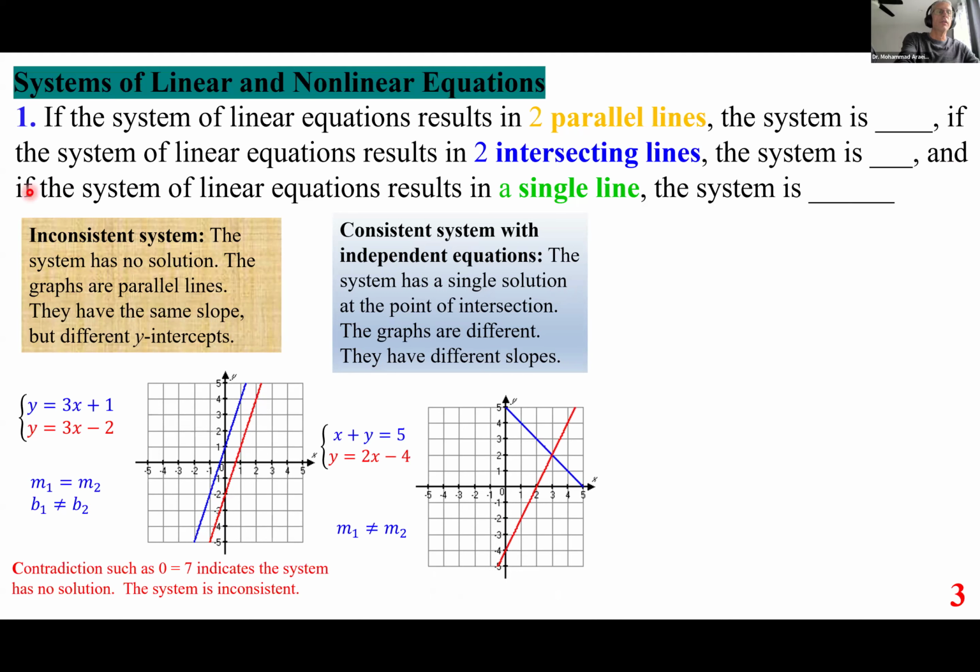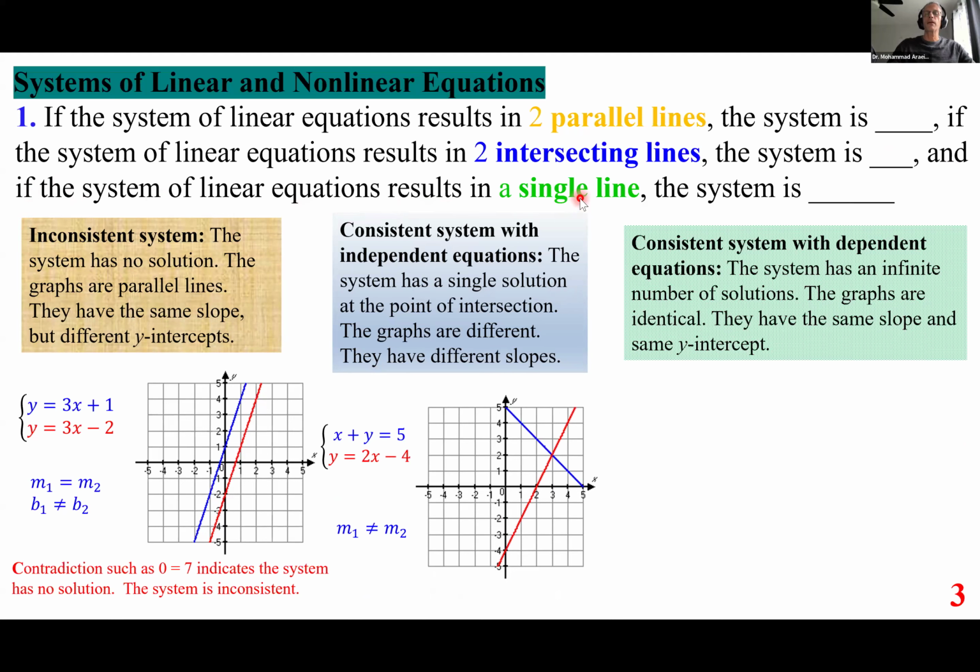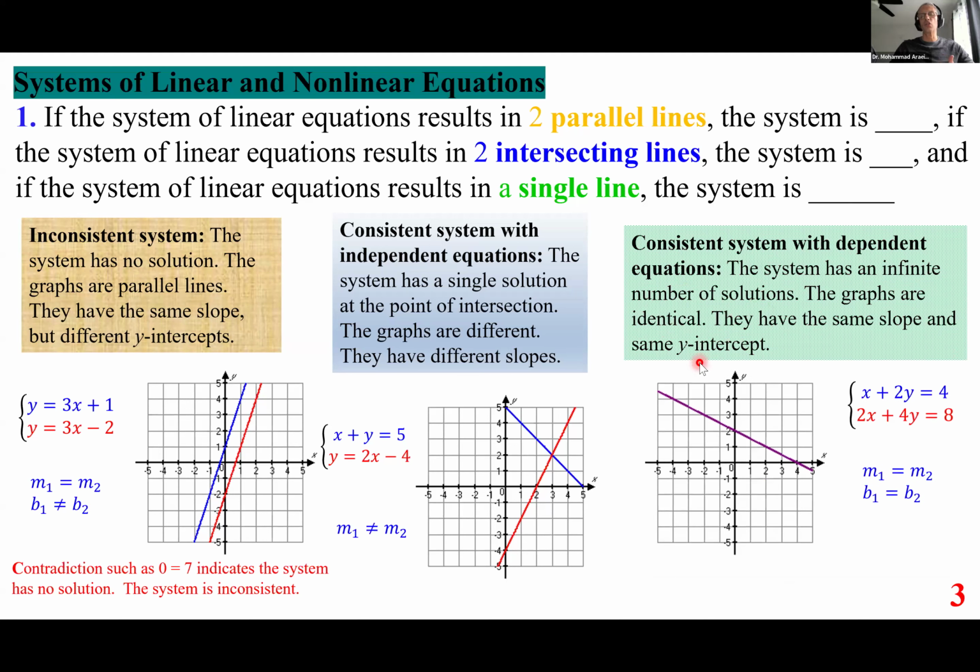And finally, if the system of linear equations results in a single line, the system is consistent system with dependent equations. Many times we just call them dependent. The system has an infinite number of solutions. The graphs are identical. They have the same slope and the same y-intercept. They coincide. They are on top of each other.